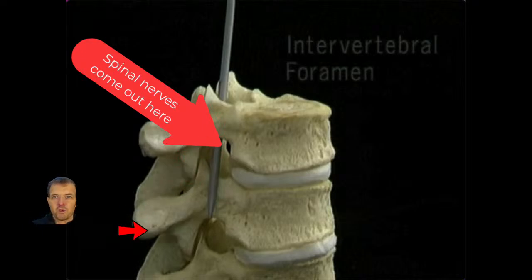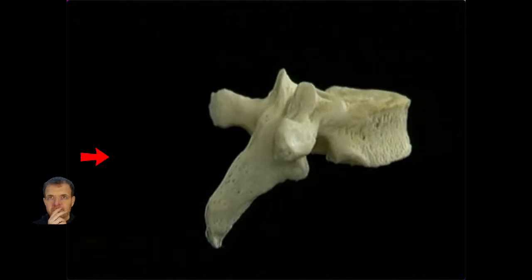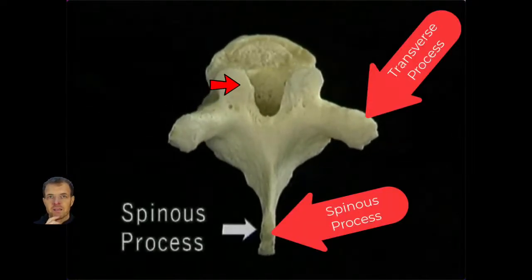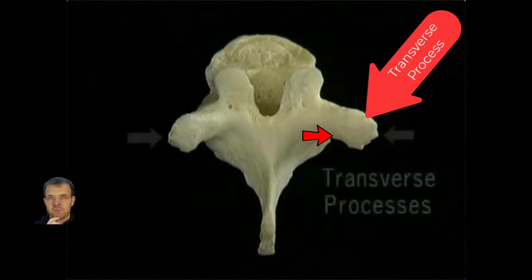You might be able to palpate where the transverse process is, where the rib joins there, but you've got no chance whatsoever of being able to palpate that. So here are the little facets again from the back. Spinous process, transverse process.